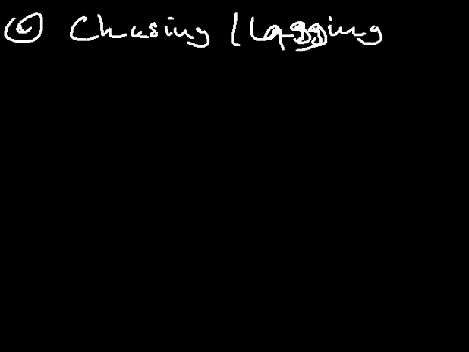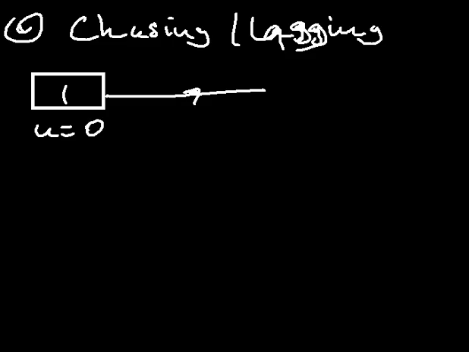Let's say we have an object, object 1, that is moving towards this direction. Say it starts from rest, where the initial velocity is 0, and it has a constant acceleration of, let's say, 10 meters per second square.